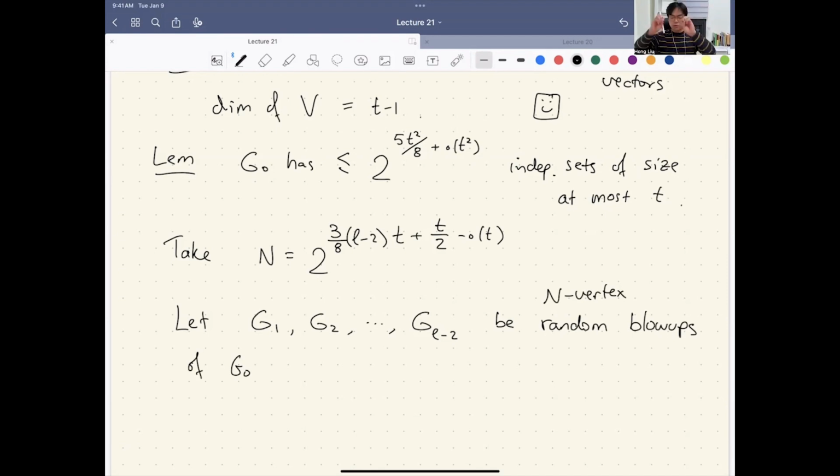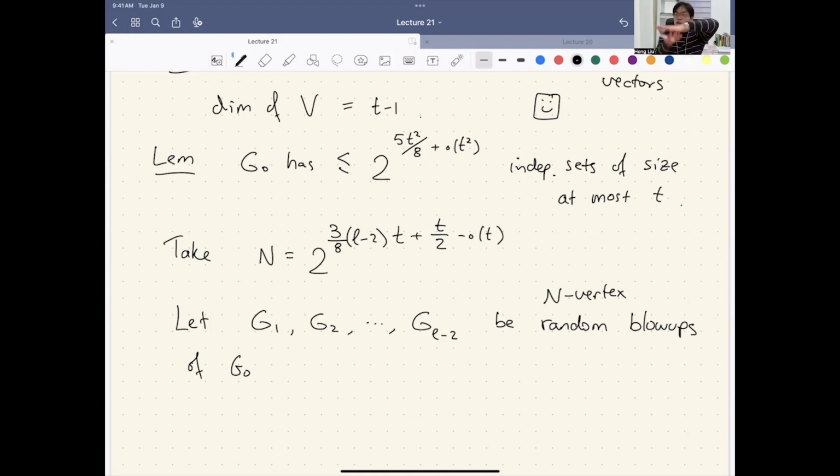Okay, this just means you blow up each vertex equally, or almost equally. Eventually, you have capital M vertices. This will be one blow up. Now you can randomly permute its vertex sets. You obtain a copy of this GI.